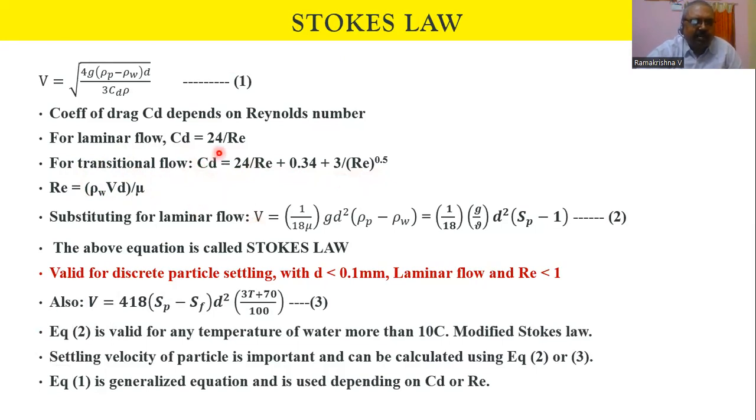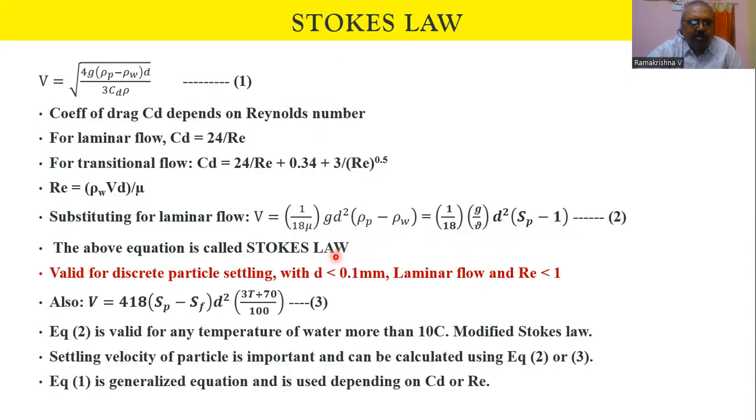If you substitute CD equal to 24 by Re, we get two forms: V equals 1 by 18 mu, g d squared, (rho p minus rho w). And if you put the kinematic viscosity in place of absolute viscosity, we get V equals 1 by 18, g d squared by nu, (Sp minus 1), where Sp is the specific gravity of the particle and the denominator nu is the kinematic viscosity.